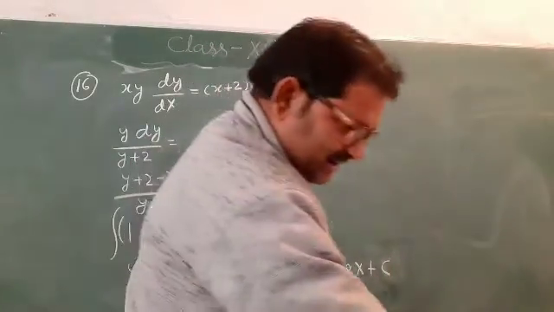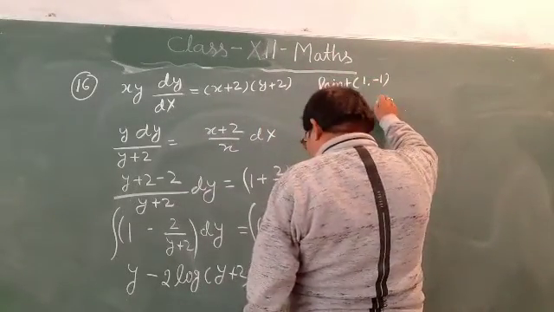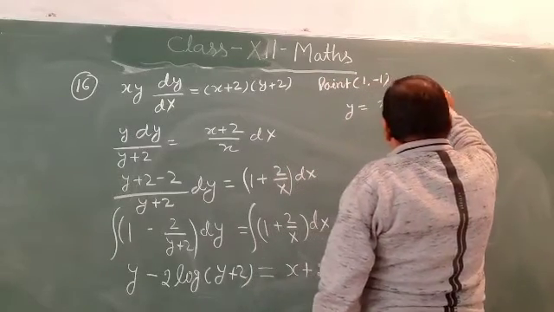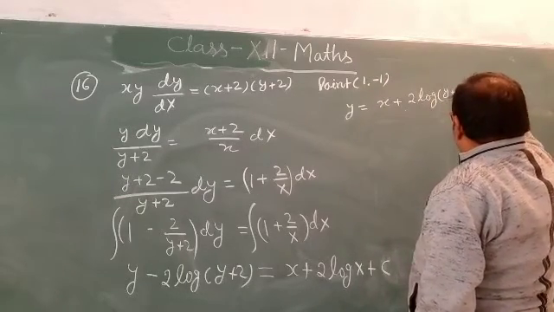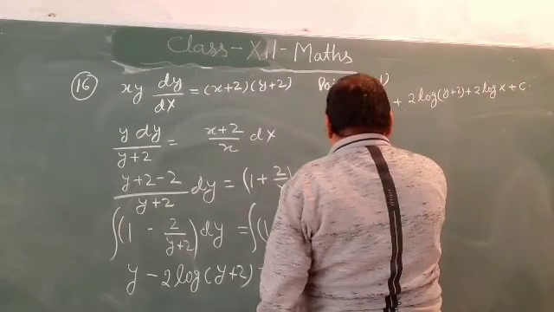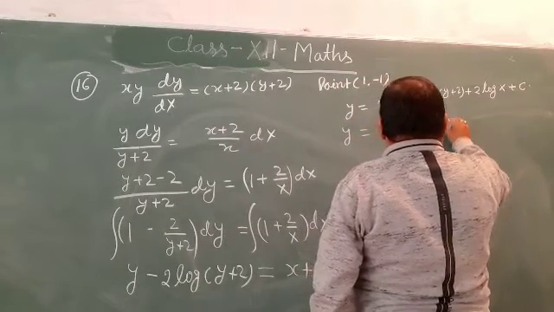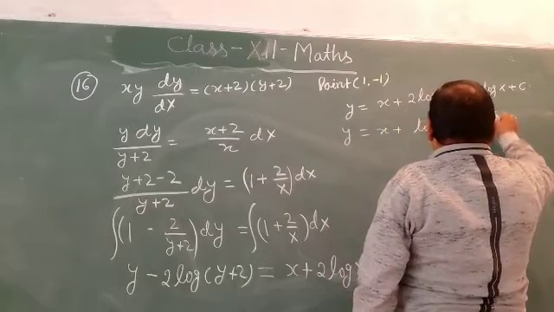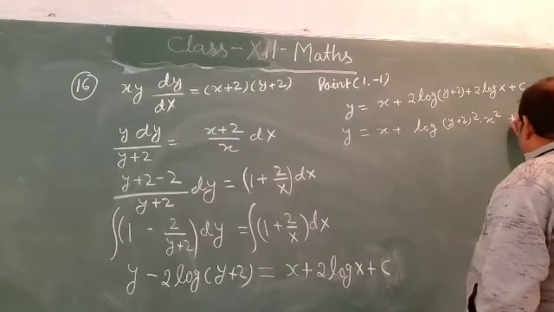It can be written as y equals x plus 2 log(y + 2) plus 2 log x plus c, and y equals x plus log((y + 2)^2 x^2) plus c.